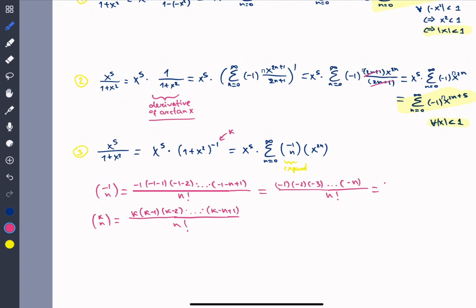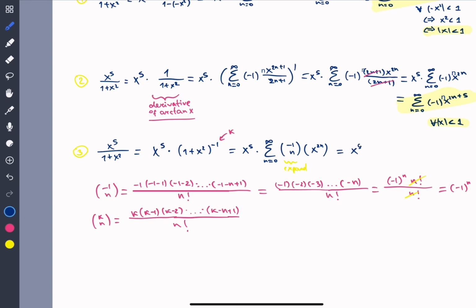And we can just take the minus 1 to the power of n out, and at the top we have n factorial, and in the denominator we still have the n factorial. We will just cancel it out, and it means our coefficient is just minus 1 to the power of n.